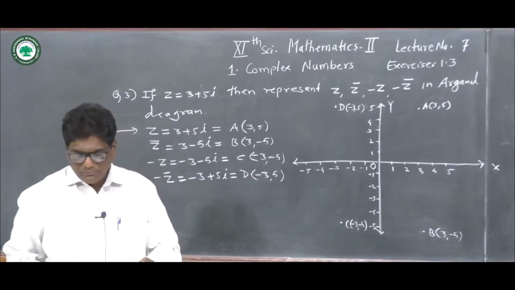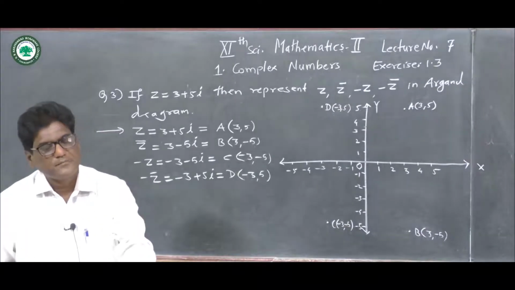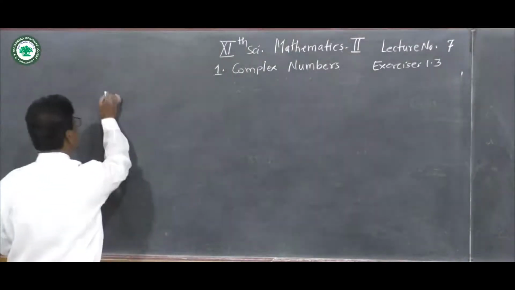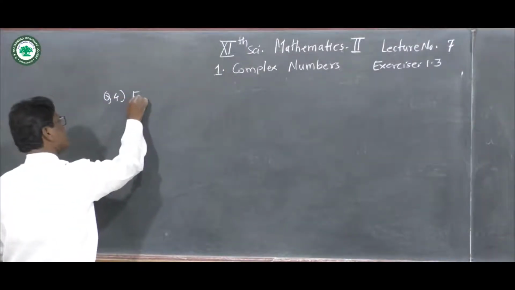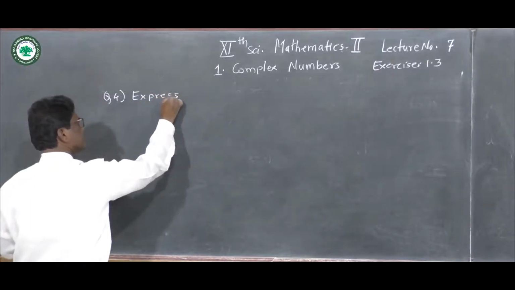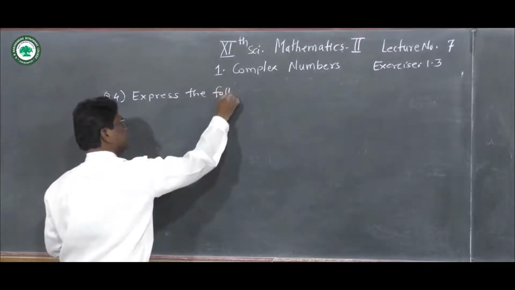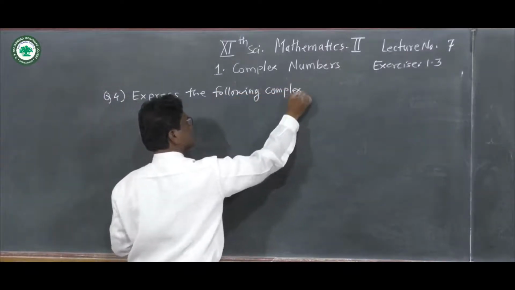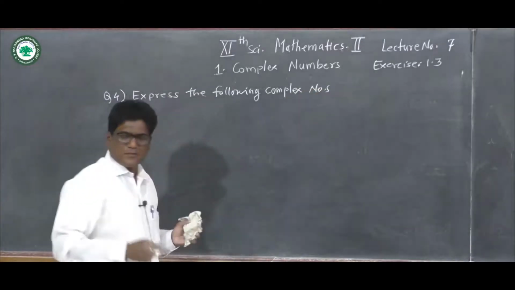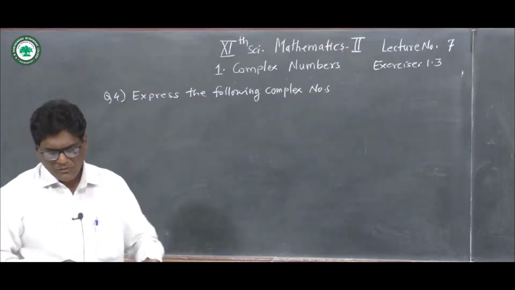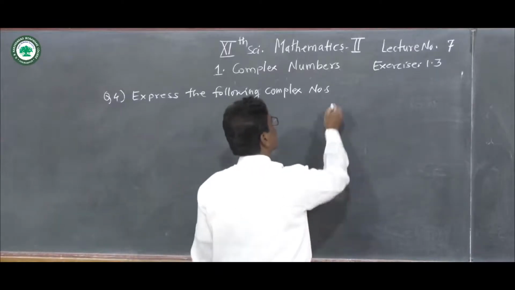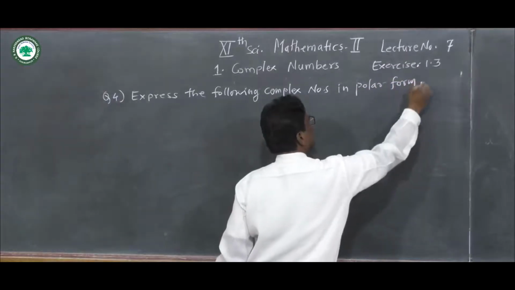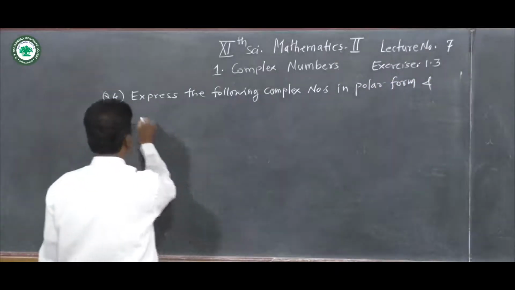Now the fourth problem. Express the following complex numbers in polar form and exponential form.